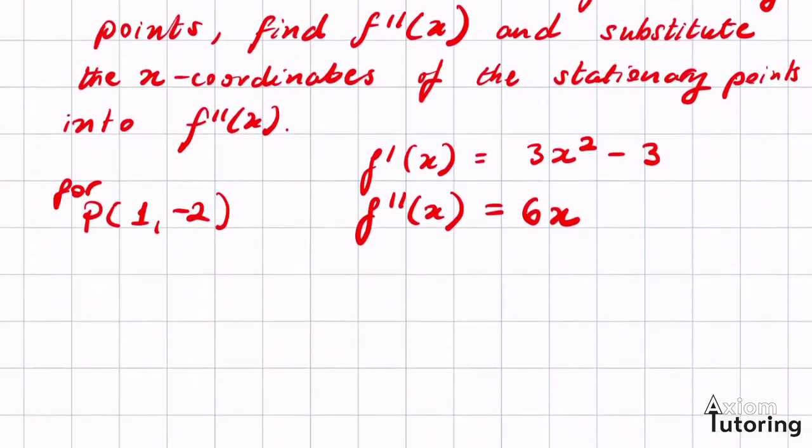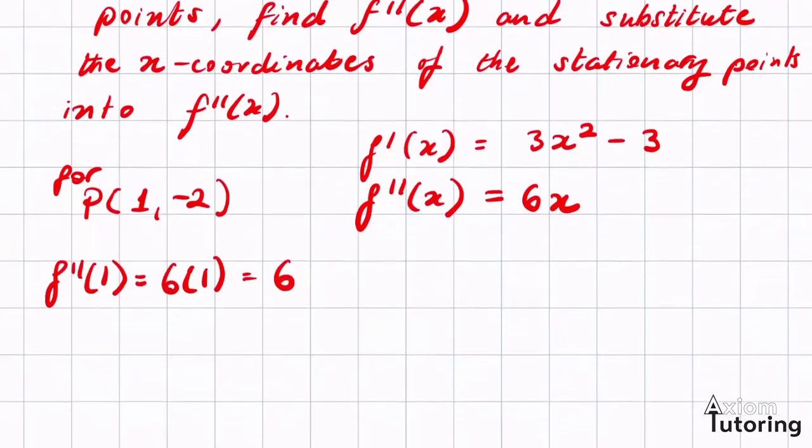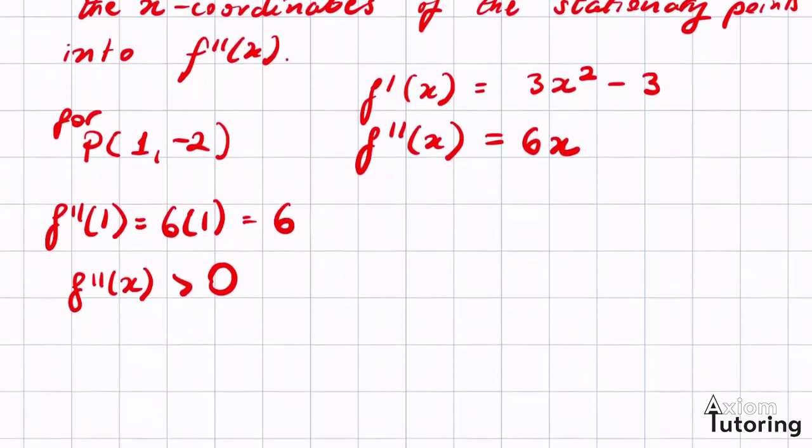So for point P, our first stationary point, f double dash of 1 is equal to 6 times 1, that's 6. So we're getting a positive value for this. We're getting our second derivative as greater than 0 for this point.